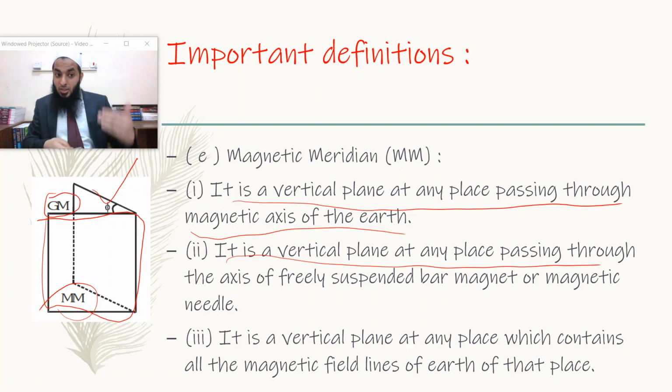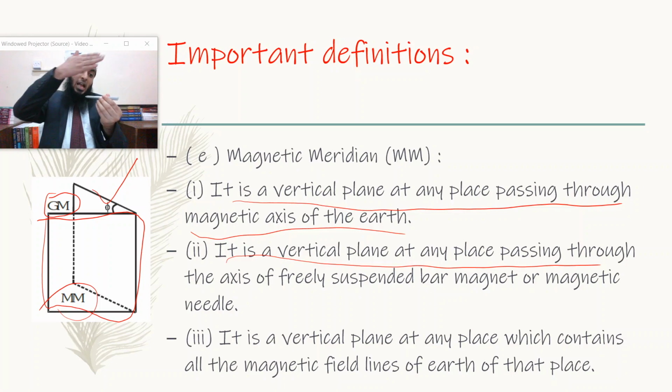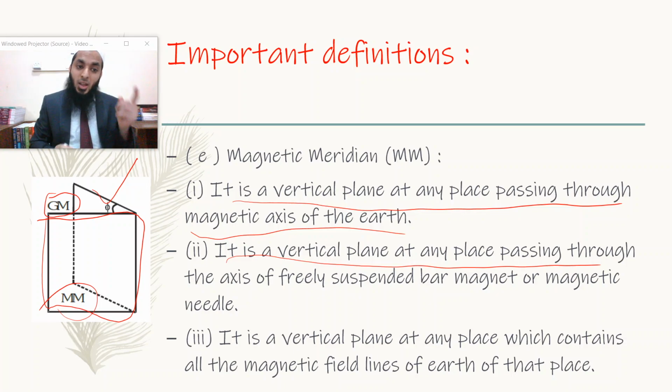So the magnetic meridian is a vertical plane passing through not only the magnetic axis, it is also passing through the axis of the freely suspended bar magnet. So you have a freely suspended bar magnet. The vertical plane passing through this freely suspended bar magnet is also the magnetic meridian. Got it? So let's continue.